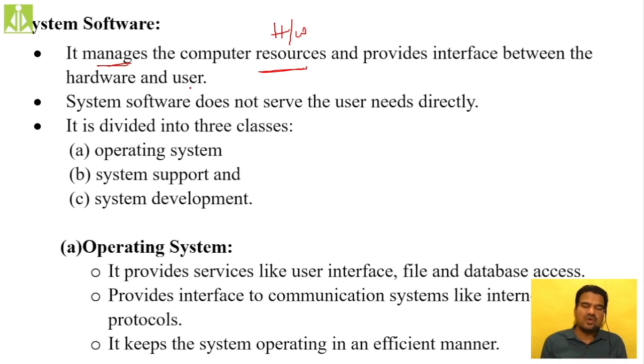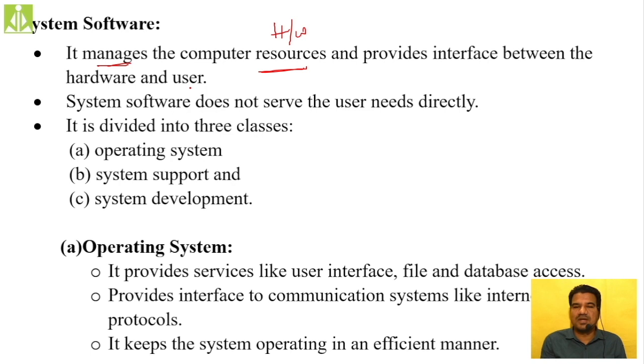So your operating system will provide an interface to the user. Next, it will also provide an interface to the files, whatever databases we have inside the computer. To all those things it will provide an interface, an interaction kind of thing. If you are using the internet inside your computer, we have to use many different protocols.